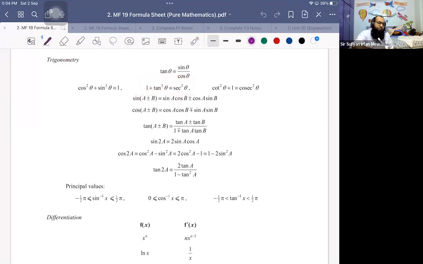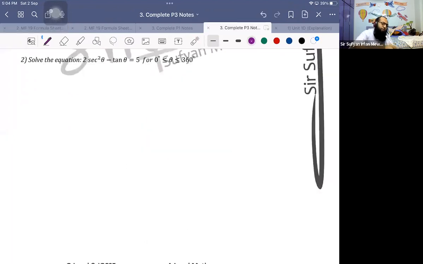So if we replace, then sec square theta is 1 plus tan square theta, 2 times 1 plus tan square theta minus tan theta equals 5.